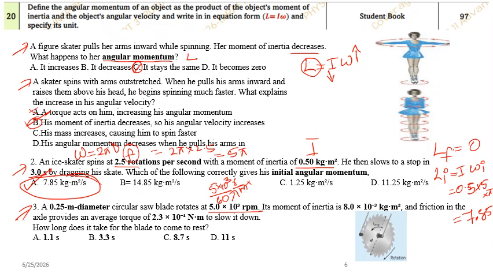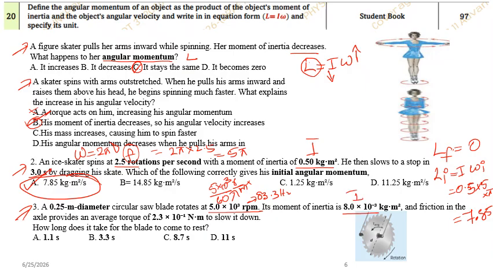Let us first calculate the frequency: 5000 divided by 60 is 83.3 hertz, meaning rotation per second. Its moment of inertia is given.